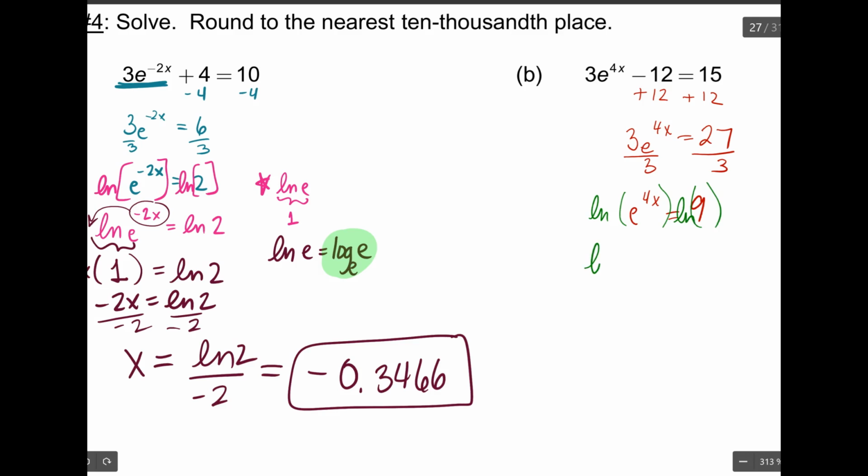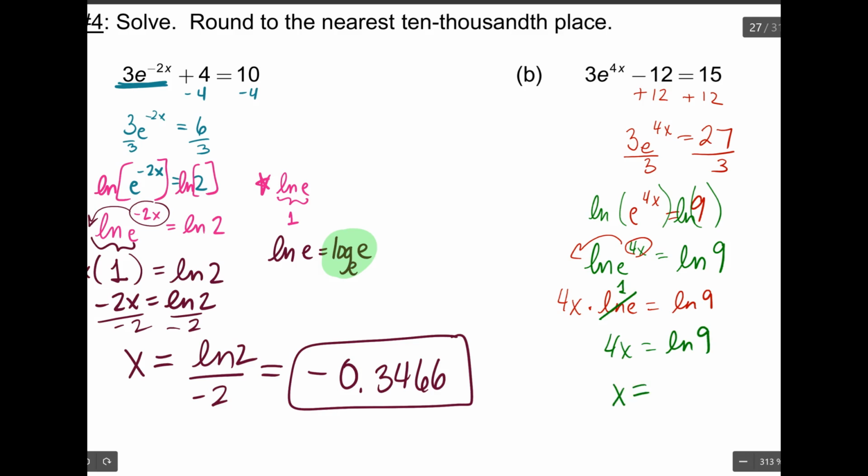I'll rewrite this as ln of e to the 4x equals ln of 9. I'll move the exponent out front. So I have 4x times ln of e equals ln of 9. Now this whole thing is just 1, so 4x equals ln of 9. Exactly, divide by 4. So x is just ln of 9 over 4.